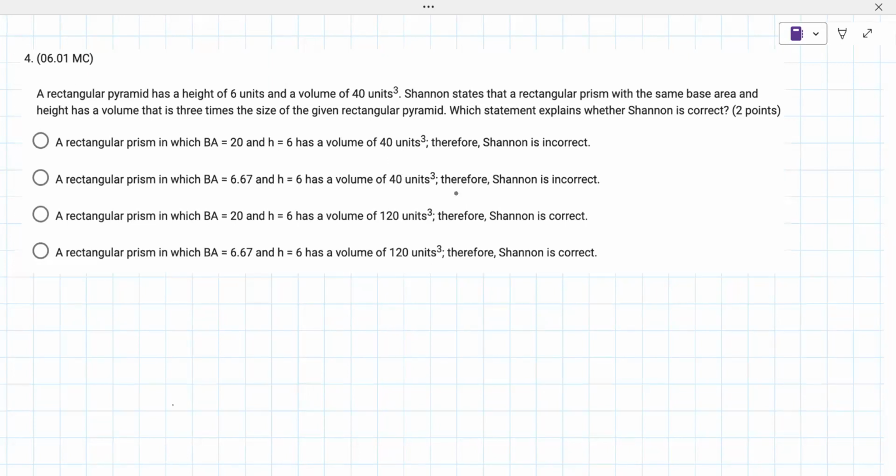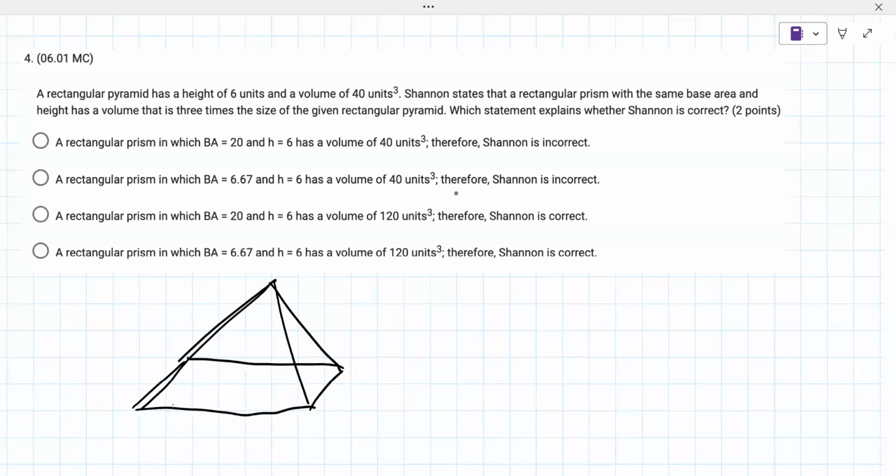So rectangular pyramid, here's a rectangular pyramid. It's got a rectangular base and then it comes down like that. Now the volume of a rectangular pyramid is 1/3 base times height.